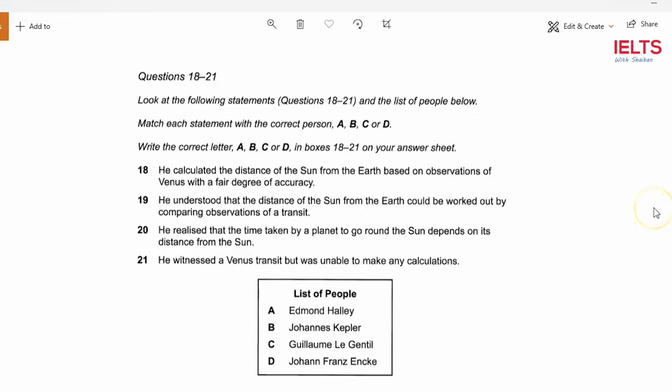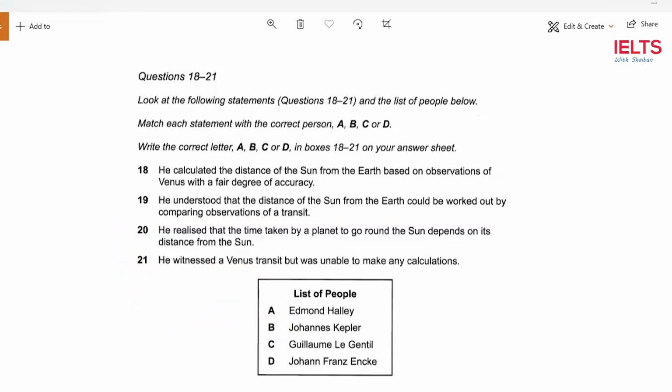Okay, and finally, the final technique, which is matching. So the matching here, for example, as you can see, we have question 18, 19, 20, and 21. And we have a list of people.